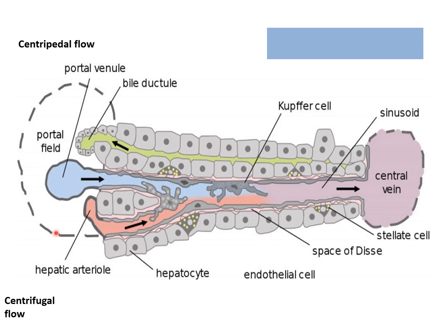Similarly, the blood which is present in the hepatic arteriole is moving from the periphery towards the center, again using the same sinusoidal channel, towards the central vein.